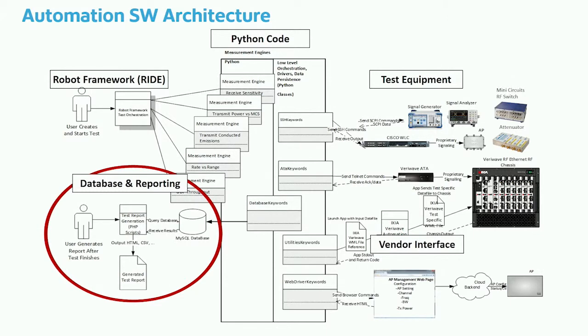And a database is essential for collecting the large amounts of data that's going to be generated through your automated testing. The nice thing about automation is it allows for the automating of reports and pass-fail matrices, which would take significant time if you were to do those manually. From our experience, I wouldn't even suggest really starting the automation process unless you're willing to set up a database, because you're going to have a lot of data.